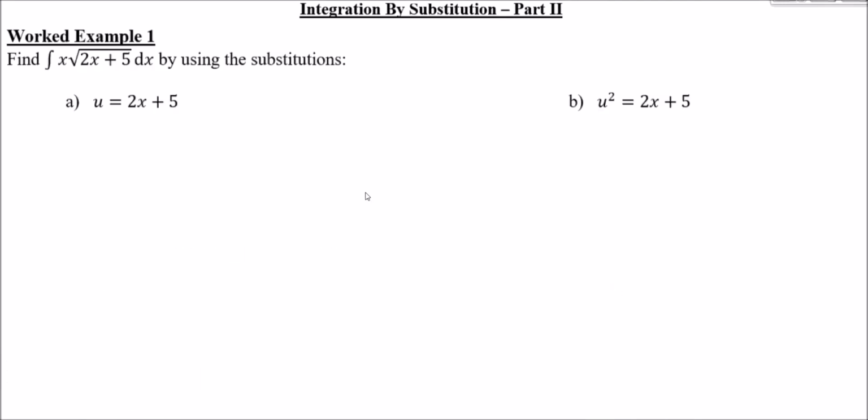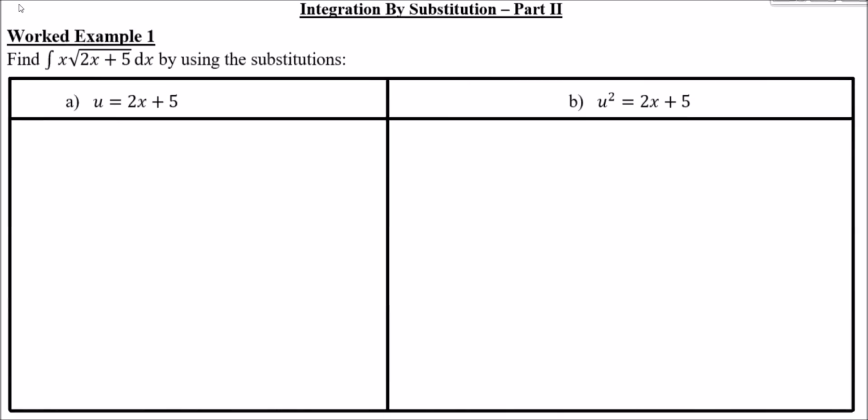So worked example 1, find the integral of x root 2x plus 5 dx by using the substitutions, first of all u being 2x plus 5, and then b being u squared equals 2x plus 5. So let's think about how to do this, and we can see as well that these two substitutions are both valid.